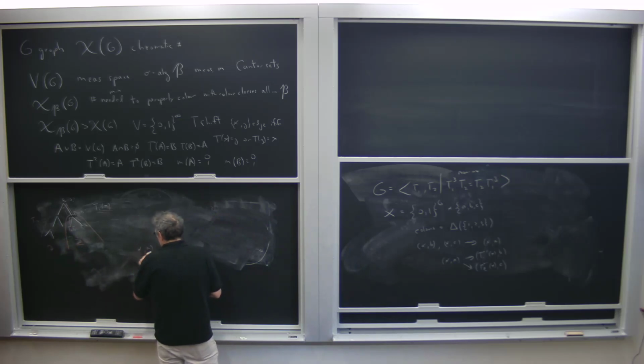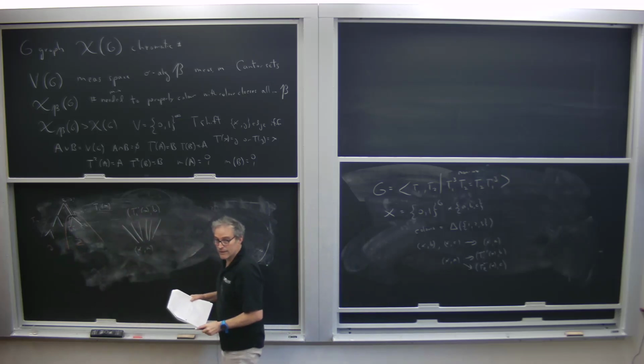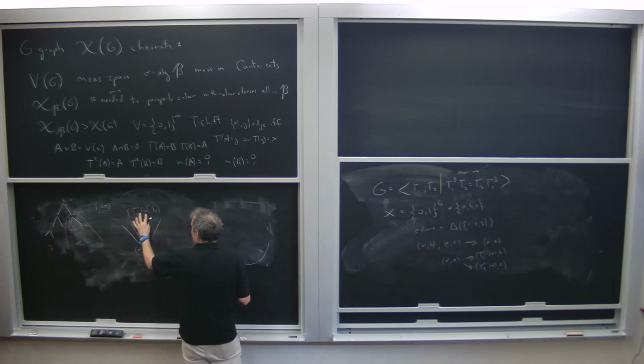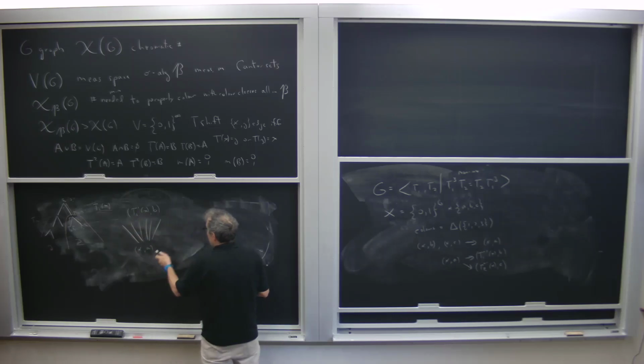So if we want to know how we go from an XA to a T1 inverse of XB, and there's an uncountable number of them, right? So we want to know how the color here determines the colors up here, meaning that color here looks to the color down here. We just do this.